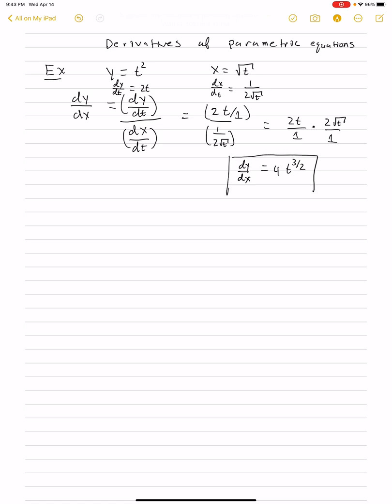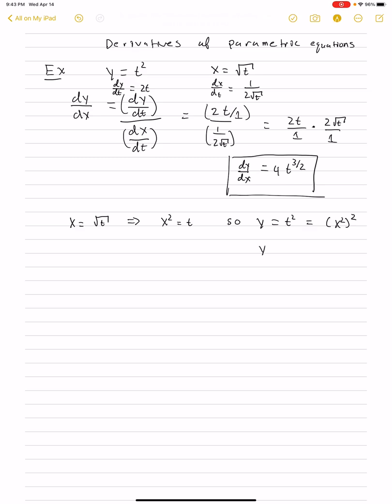How could we verify this? Well, I happen to have a pair of equations which I can solve for y in terms of x. So notice x is equal to root of t. That implies that x squared is equal to t. So y is equal to t squared tells us that t squared is going to be x squared squared.